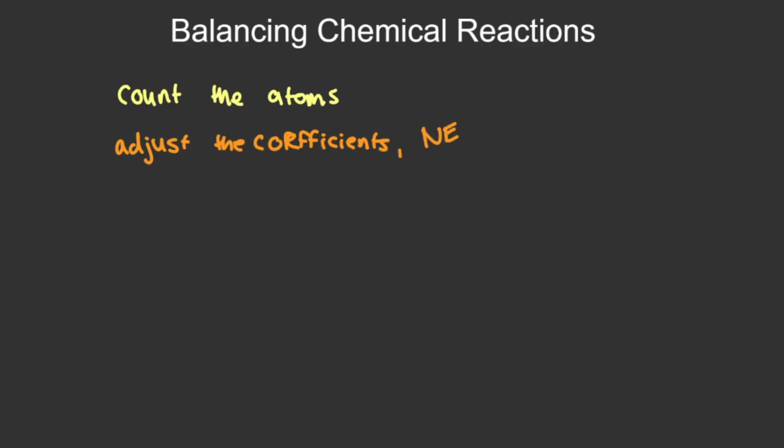Never the subscripts. Start with the elements that appear in only one compound on each side and save hydrogen and oxygen for later when it's possible. If this helped, make sure to practice a few more examples because balancing equations becomes much easier with repetition.